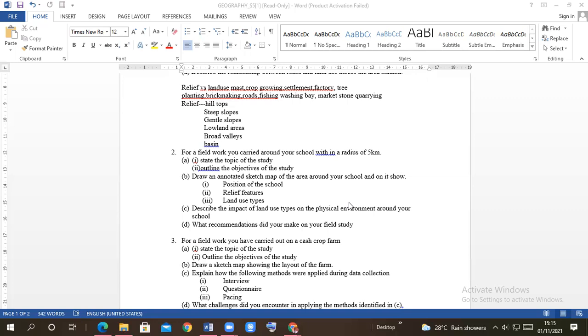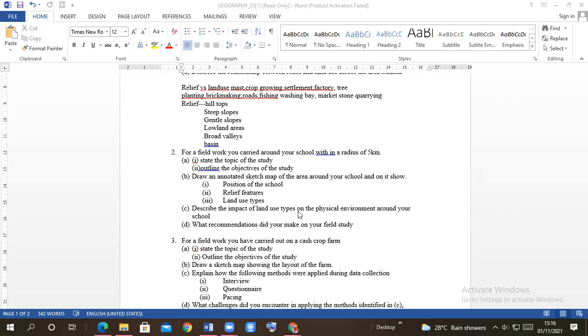So here, connect the land use types. Tell us, for example, Stony Quarry, southwest of Mbuya Hill, led to air pollution. That is, it is affecting the atmosphere.